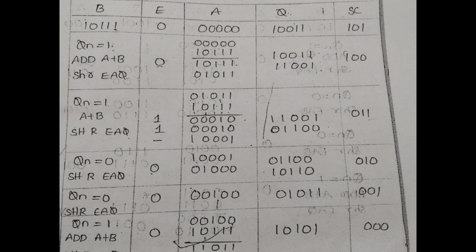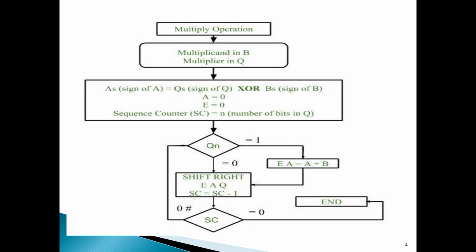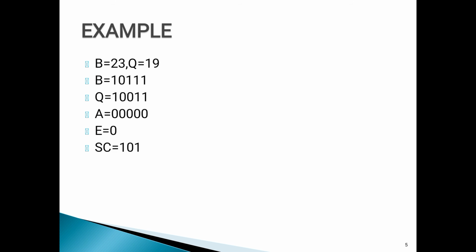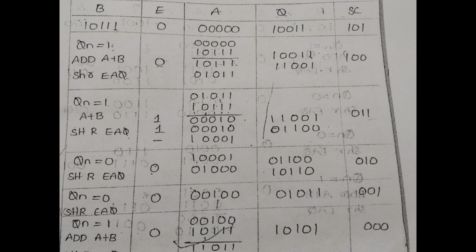To add this, 0 plus 1 is 1, 0 plus 1 is 1, 0 plus 1 is 1, 0 plus 0 is 0, 0 plus 1 is 1. After adding A and B, then what will you do? Perform the shift right operation for EAQ.